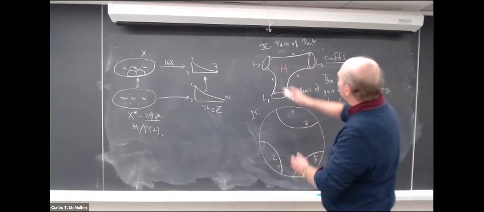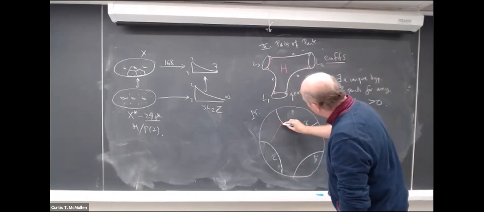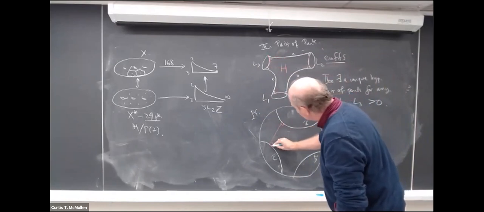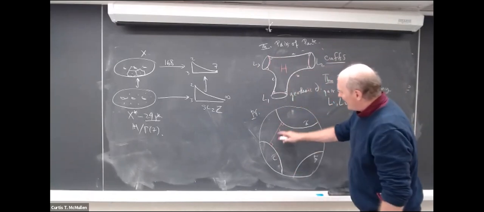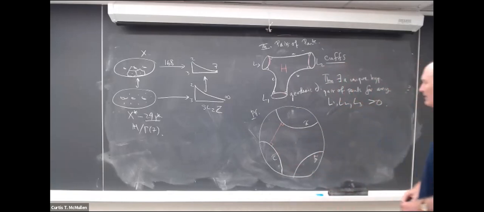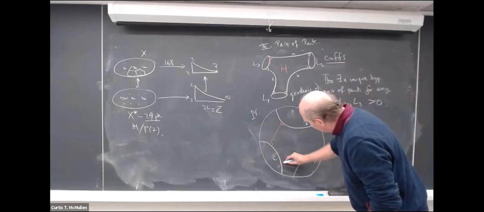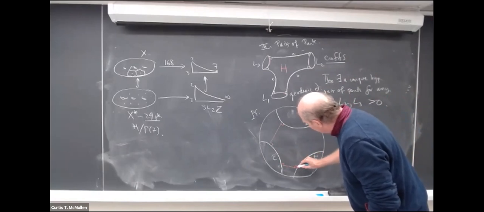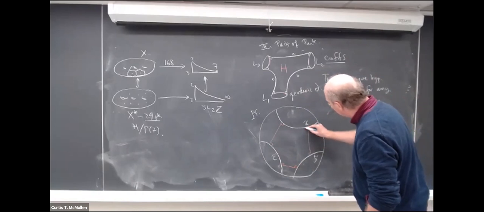And then what about this cuff here? That is a geodesic running between A and C. It's the path of minimal length between these two geodesics upstairs. Similarly, the preimage of another cuff is this geodesic, and the preimage of the third cuff is this one.